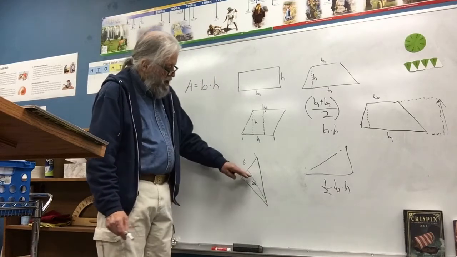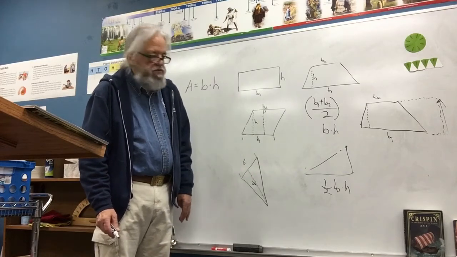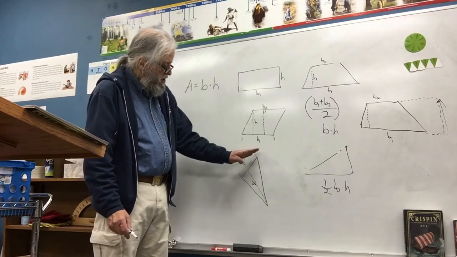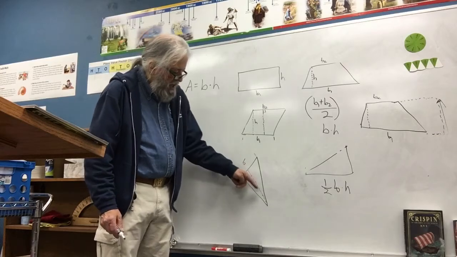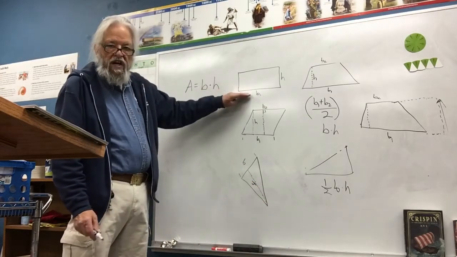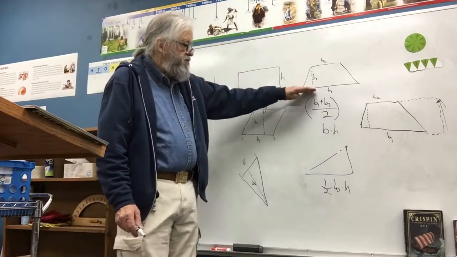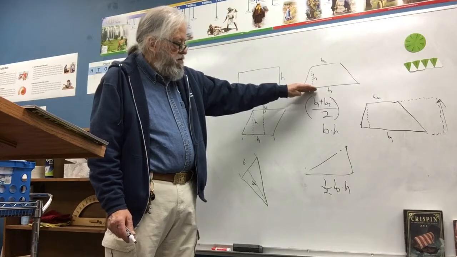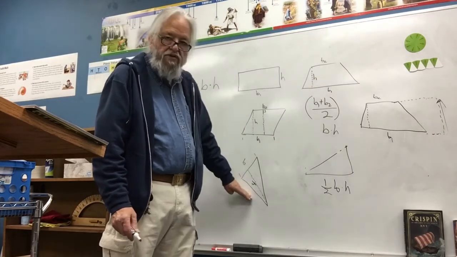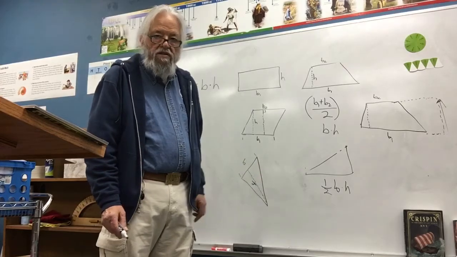Some people were thinking, oh, I'm splitting this in two, so I'm going to have to multiply that times 2. Nope. It's still the base times the height. I don't do it times 2 up here because I have 2 bases and 2 heights. I don't do times 2 here. It's just one base times one height.